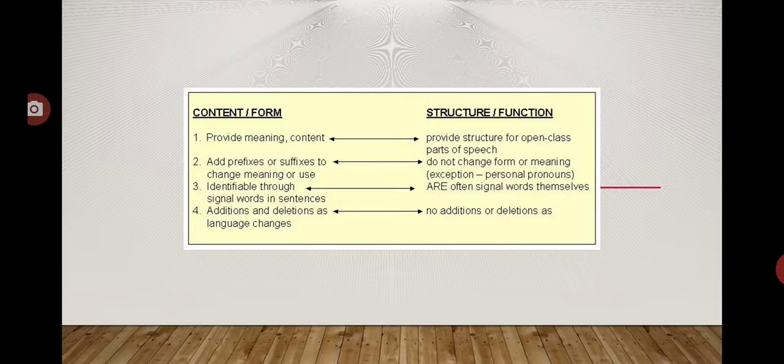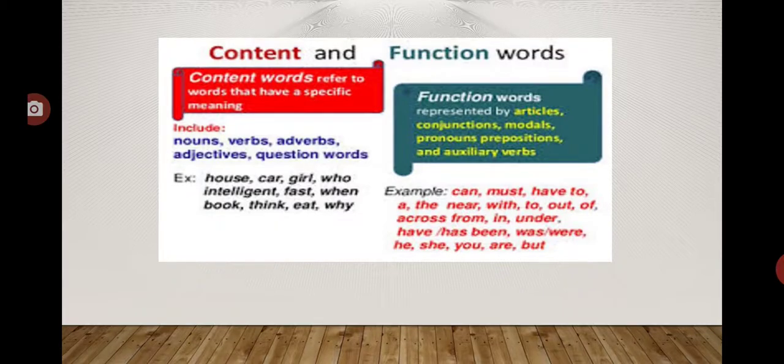And in this next section you can see in the picture content words and function words. Content words refer to words that have a specific meaning. It's almost clear, I think. That means in a sentence we have nouns, verbs, adverbs, adjectives, question words, right? Nouns, verbs, adjectives, question words are all included in the content words, and function words are always represented by articles, conjunctions, modals, pronouns, prepositions and auxiliary verbs.